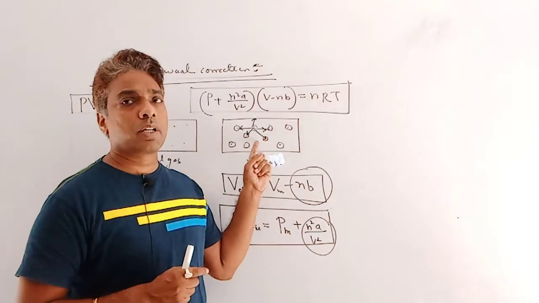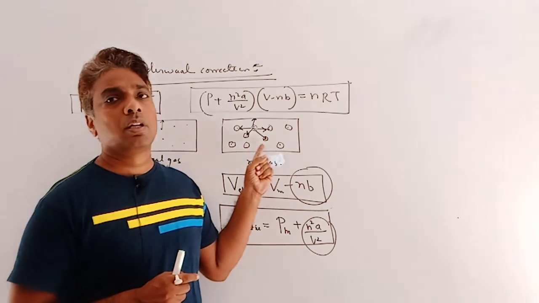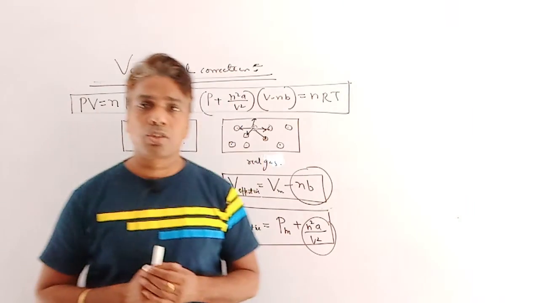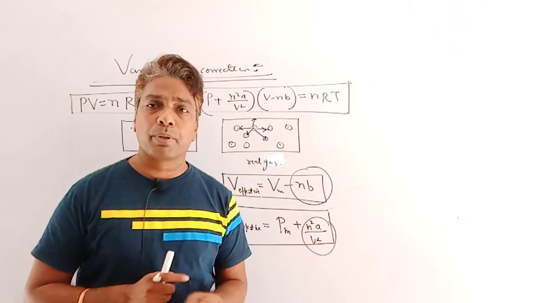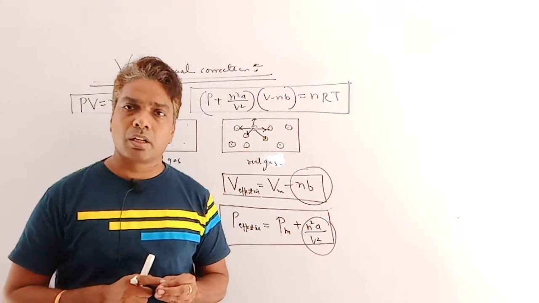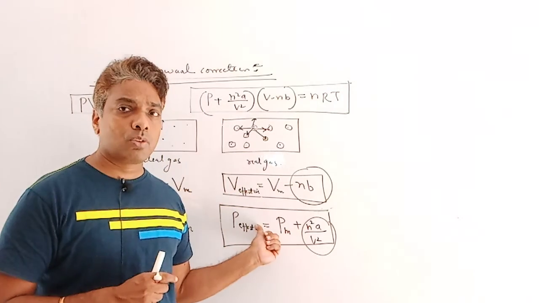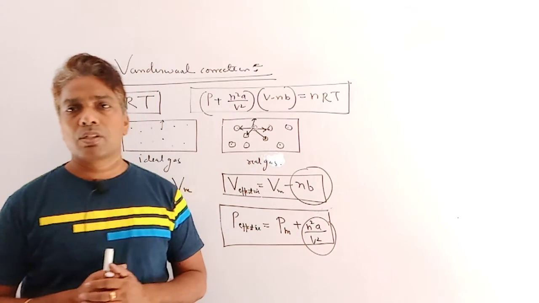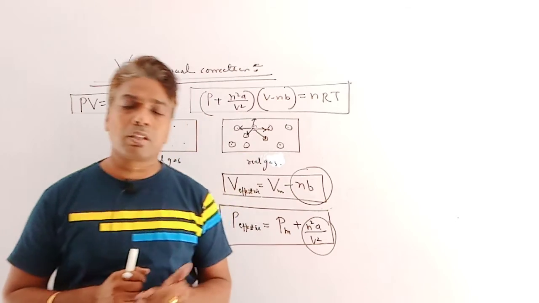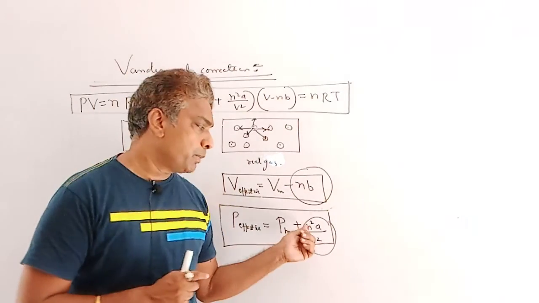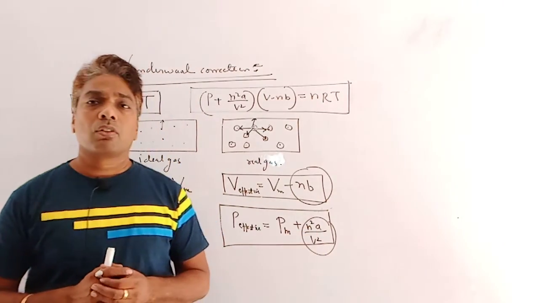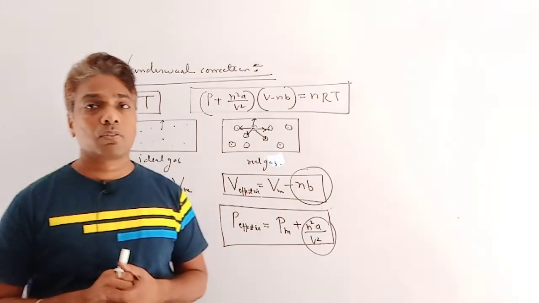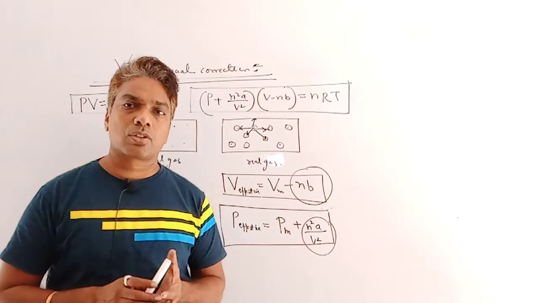So due to the cohesive or intermolecular attraction between real gas particles, the actual pressure is always less as compared to P measured. Clear? So P actual is equal to P measured plus n square a upon V square, where n is the number of moles, V is the volume, and a is the van der Waals constant, and the whole term, n square a upon V square, is known as pressure correction.